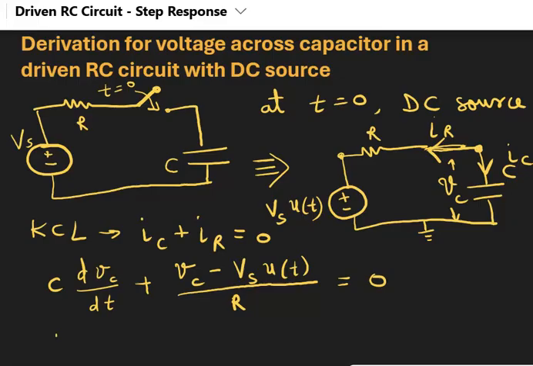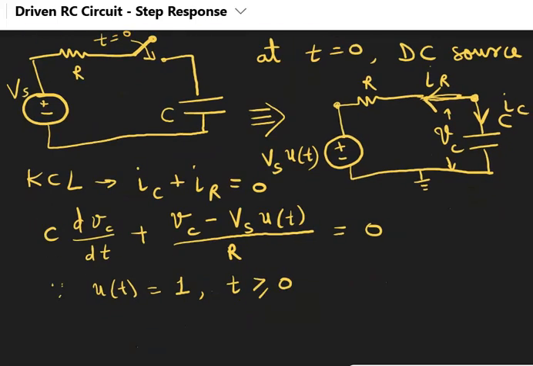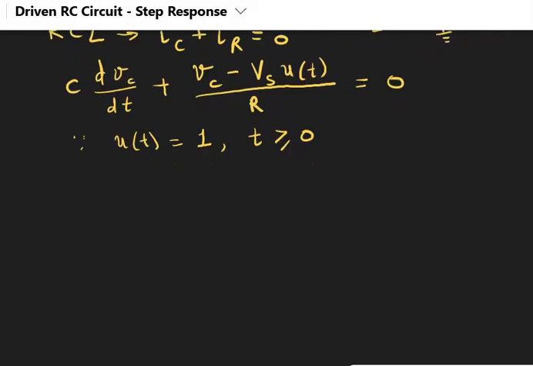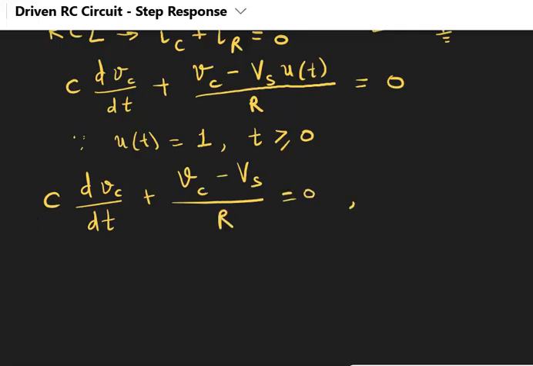Now since u of t is equal to 1 for t greater than or equal to 0, we can rewrite this equation: C dVc by dt plus (Vc minus Vs) upon R equals to 0, for t greater than 0, because we have to find the response of this circuit for t greater than 0.